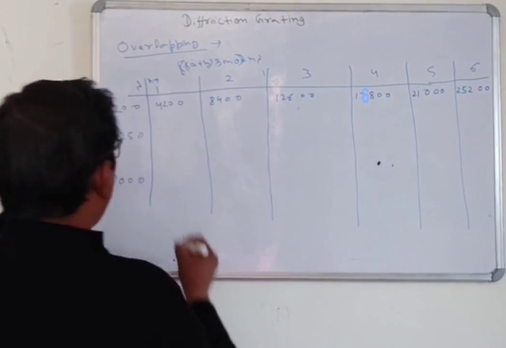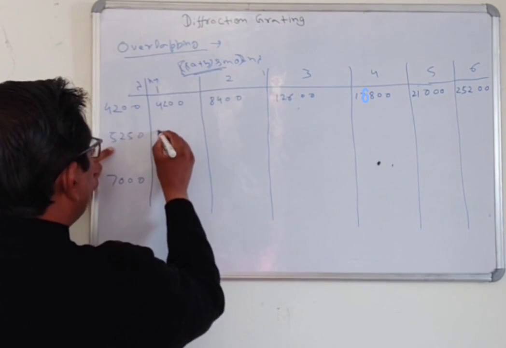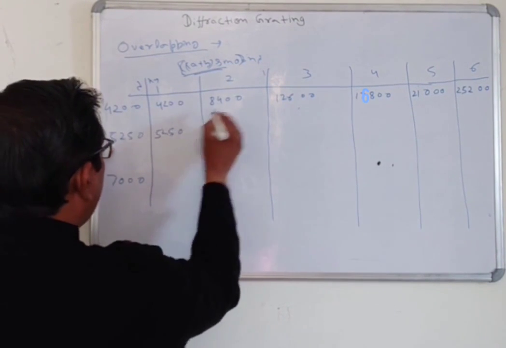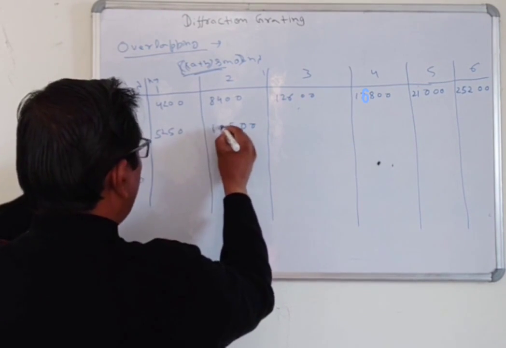Like that. And now here n is equal to 1. The value of this one is 5250, 10,500. Like that.